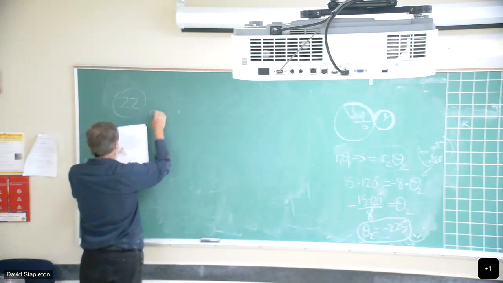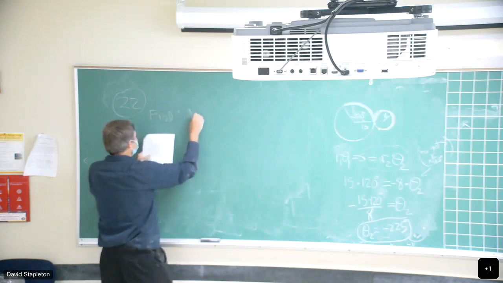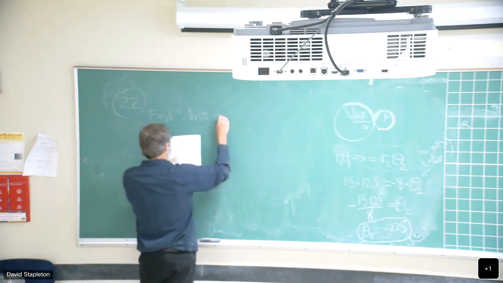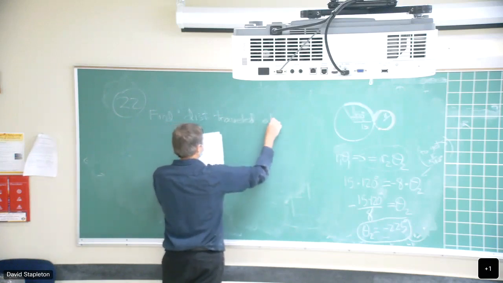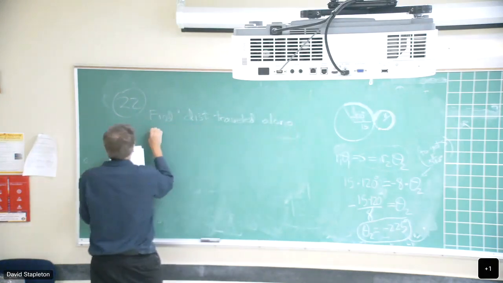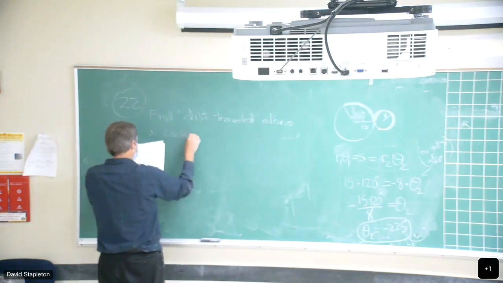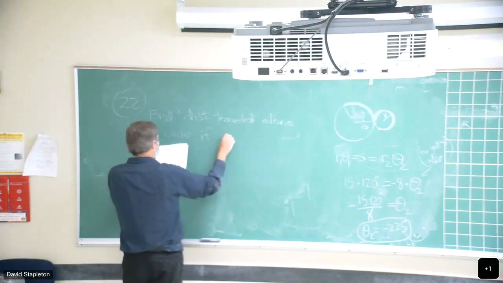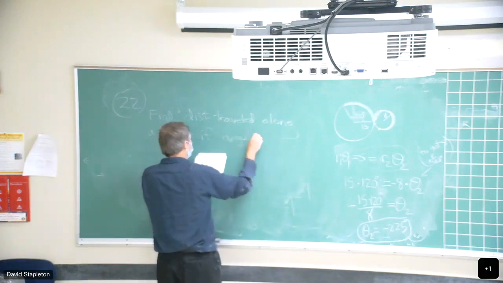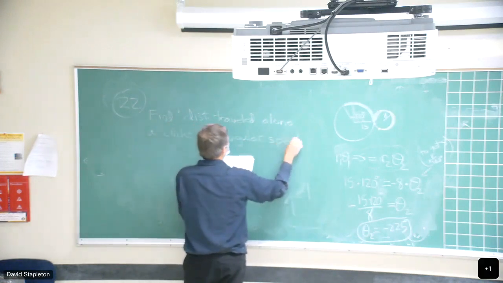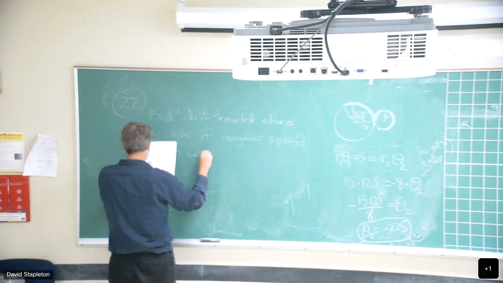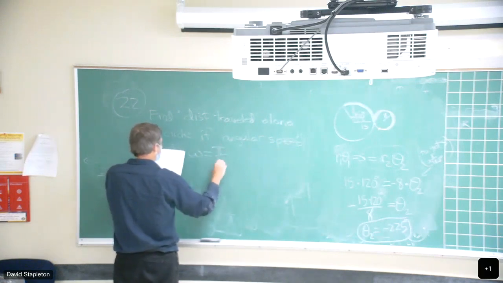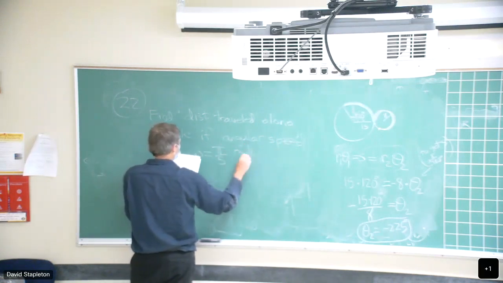Oh, good, I wanted to do one with angular speed. So find the distance traveled along a circle by a point if the angular speed is omega, the usual letter, pi over 5. It's just angular speed, so it's radians per second.